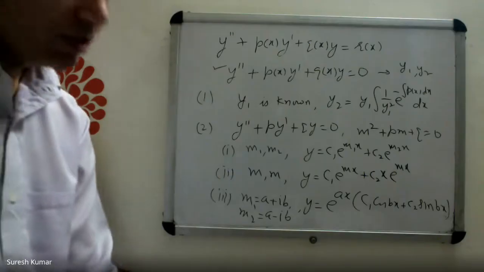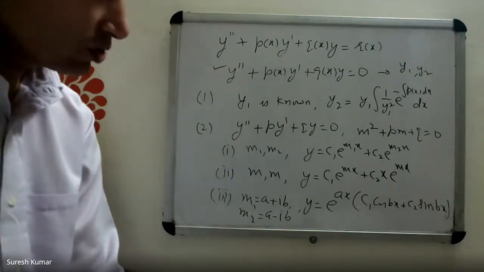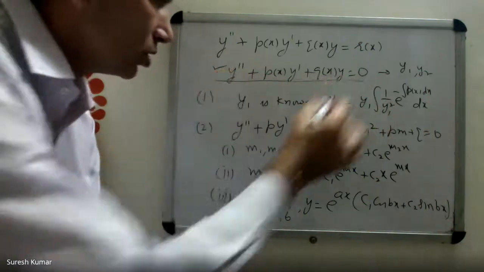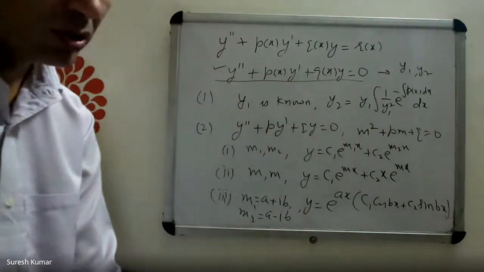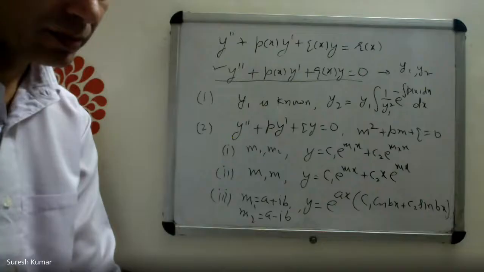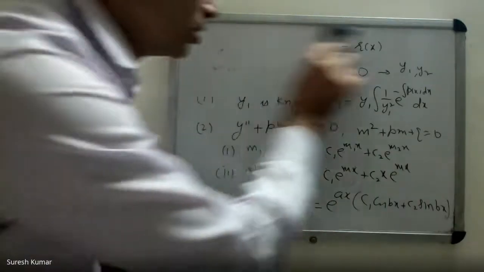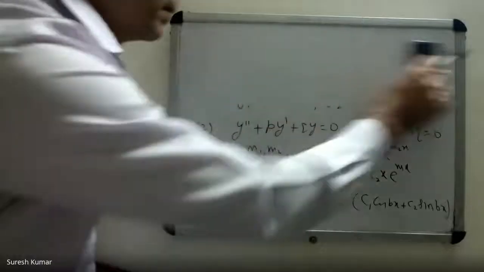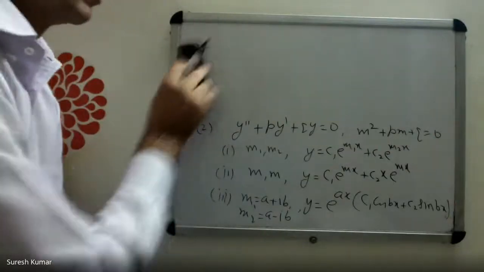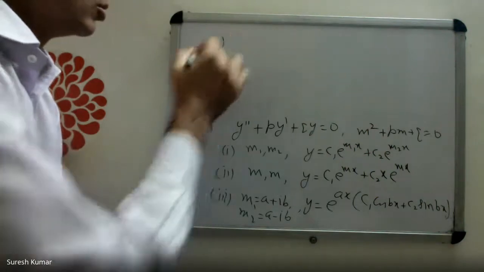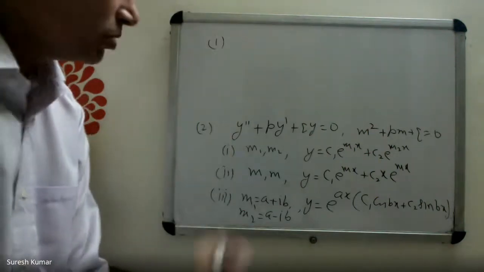And in the previous lecture, you learned some transformations by which you can transform this equation to an equation with constant coefficients. Okay, let us recall those also. Two transformations I told you in the previous lecture.